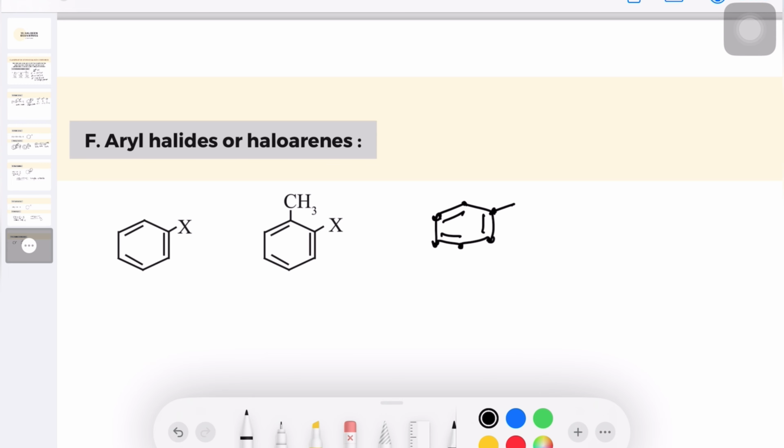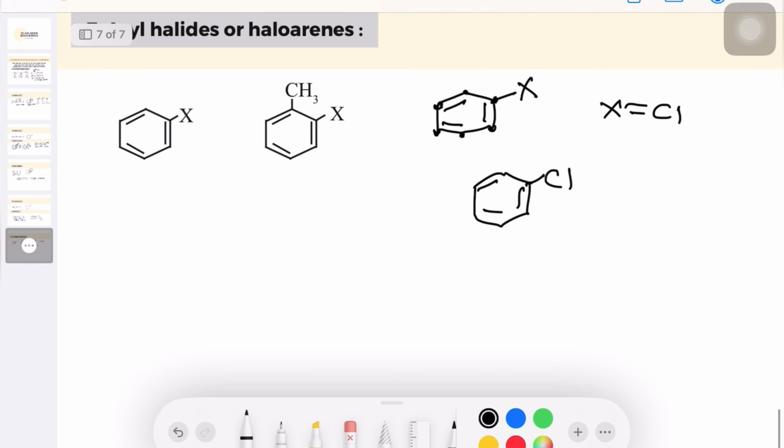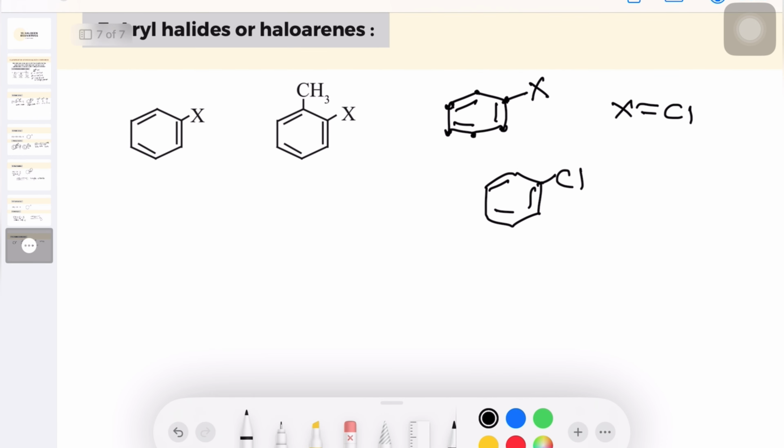So in aryl halides, one of the hydrogens of the benzene ring is replaced by a single halogen, that is a monohalogen. Such a compound is known as aryl halide or haloarene. If this X is chlorine, then the compound name is chlorobenzene. The aryl group is benzene and the halide is chlorine.